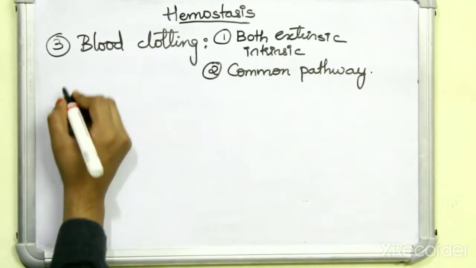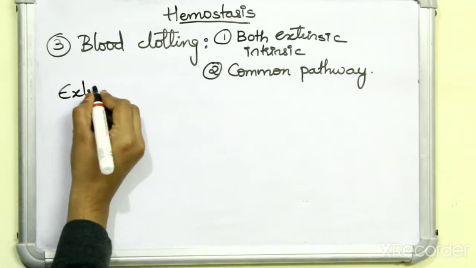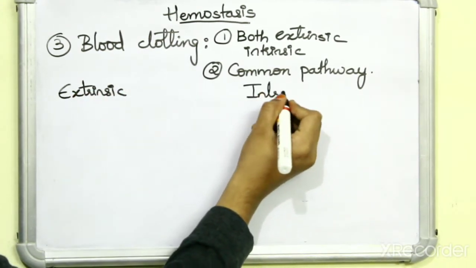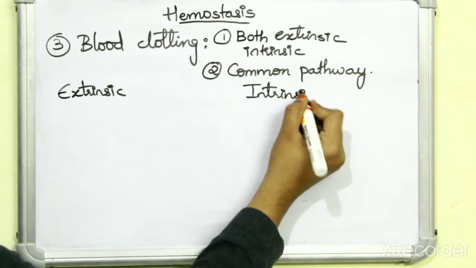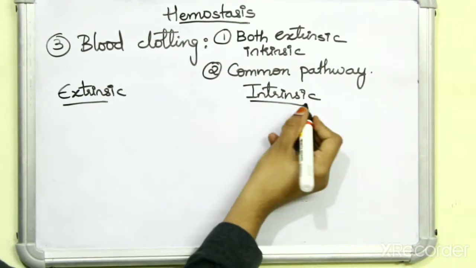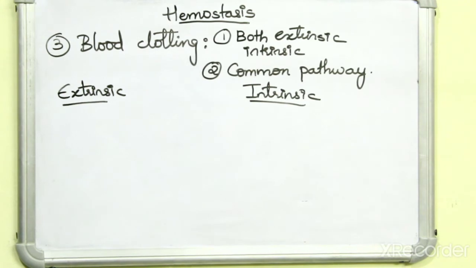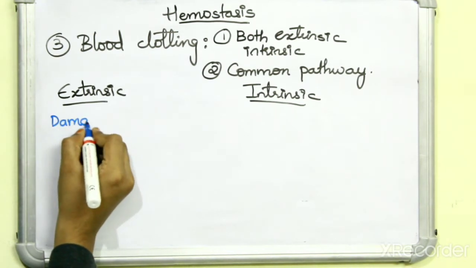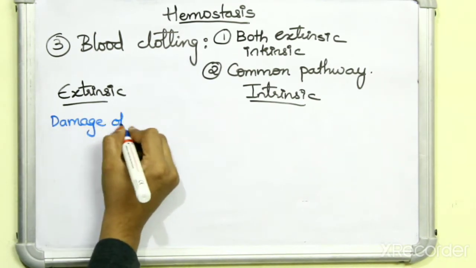Okay, first coming to the extrinsic pathway. Extrinsic means external, right? So why is this term given here? Let us know now. In this extrinsic pathway, generally when there is damage in the tissue part, tissues are surrounded with numerous cells.